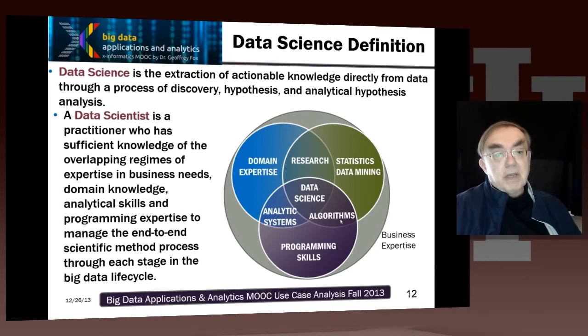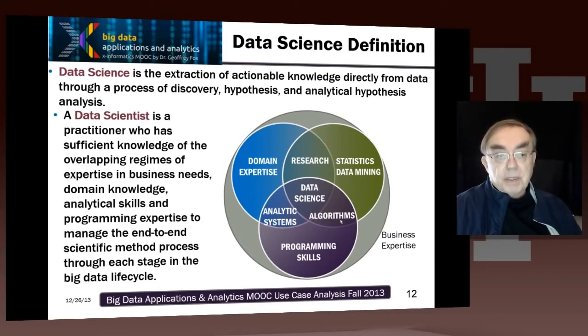But if you have a big enough team, you're going to have specialists and generalists. The generalist being this idealized data scientist defined here, who has sufficient knowledge of all these regimes and sufficient expertise in the final needs of the, well, here it says business needs, it could say science or research needs, and then has to master all these circles on the right, and has to be able to do all of this.